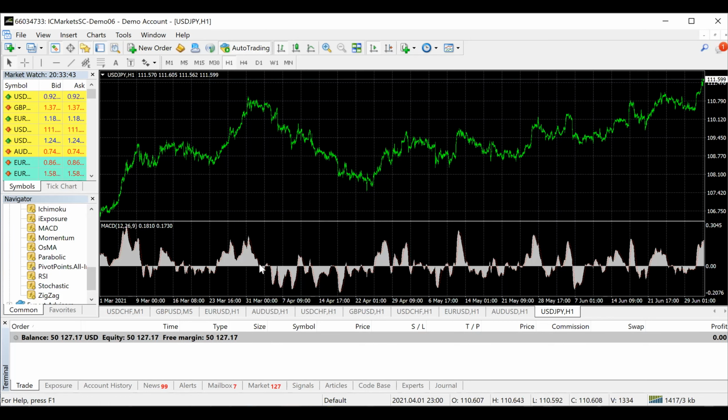That means it's possible that MACD is about to change direction. We can look at it here. So when you see a trend, for example, here too, as it's going up here, but now comes very, very slow, then there is a possible reversal.